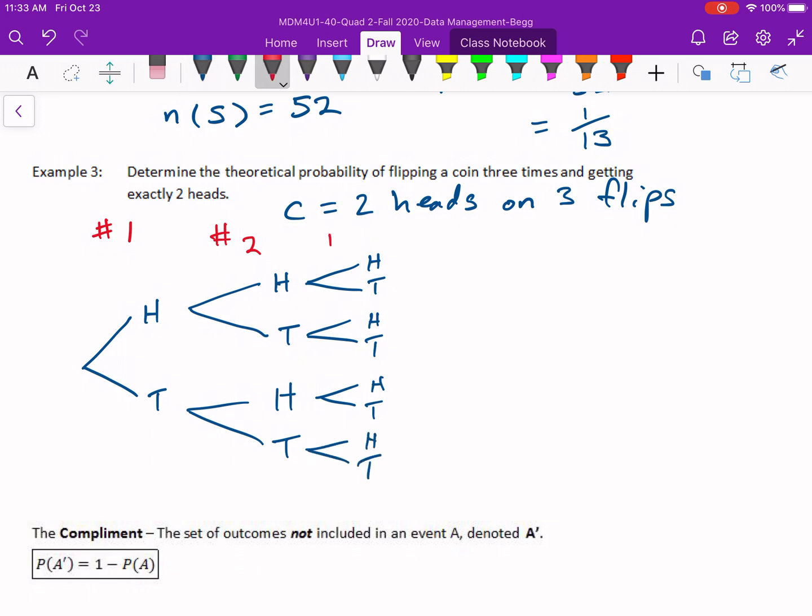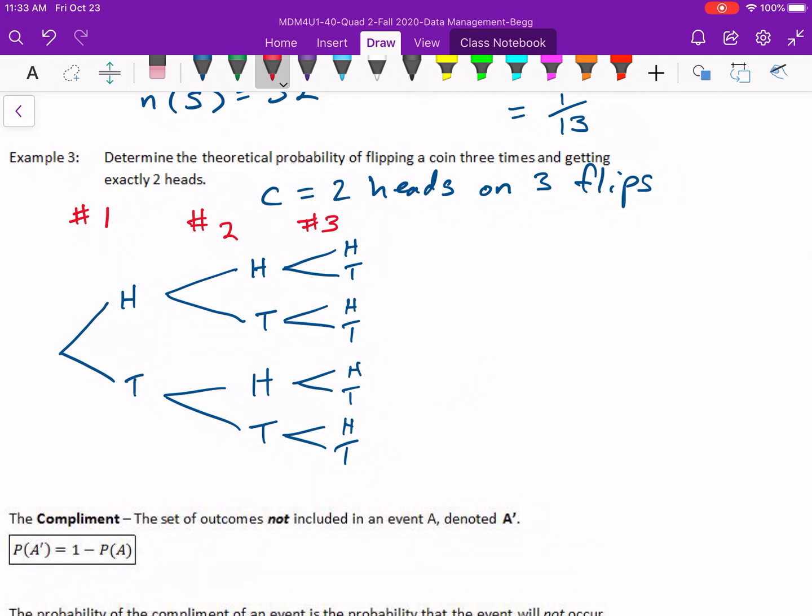So on flip 3, if you count up the number of paths like I just did for 2 flips, what you'll see is there's actually 8 different paths. So there's 8 paths altogether. That would be our N of S, our sample space. So for example, just to randomly pick one, say I do this path that I just highlighted in yellow.